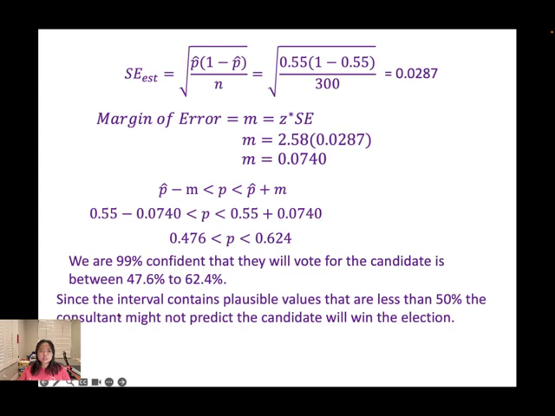Since the interval contains possible values that are less than 50%, the consultant may not predict the candidate will win the election. It's 47.6 to 62.4, so we are not really sure. Make sure you know how to do this kind of question. For sure, that will be on your midterm too.